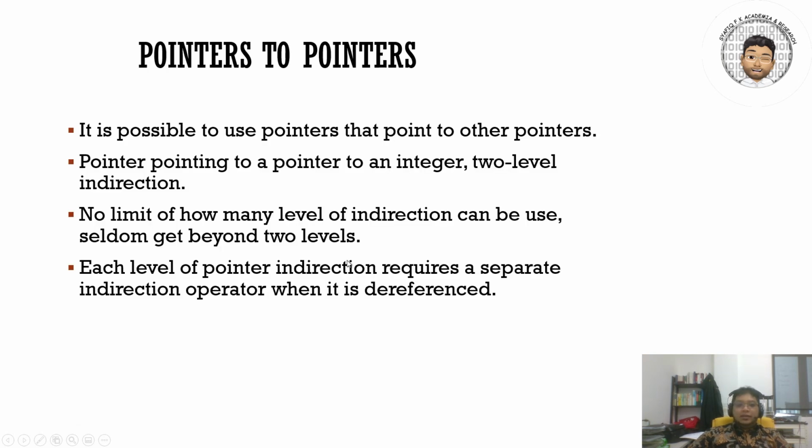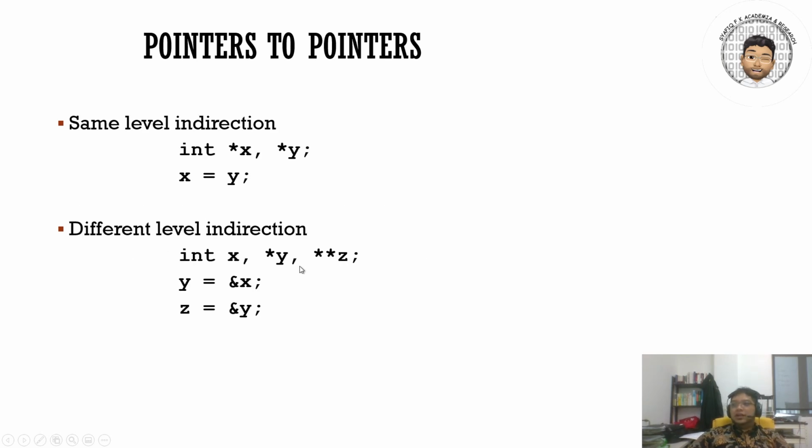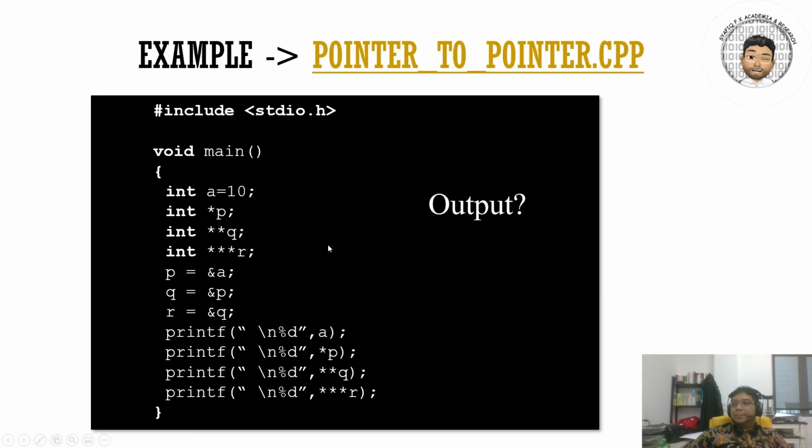A little bit more confusing is that pointers can also point to pointers, meaning a pointer to a pointer. This can go two or three levels more. For example, y is representing the address of x, and z is representing the address of y. Here you have a double pointer. A pointer pointing to a pointer is called a double pointer, with two stars in the definition.